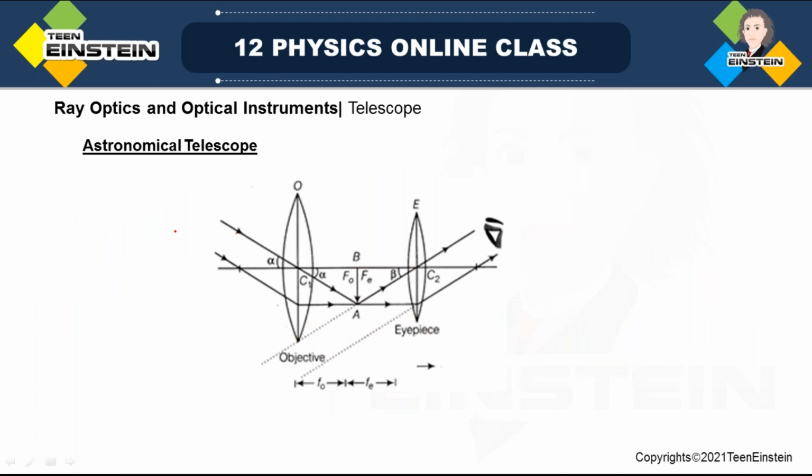So in this case, this AB is at the focus. So AB acts as the object for this eyepiece. Here also the eyepiece has a smaller aperture, as you can see, and so finally the image will be created at infinity.